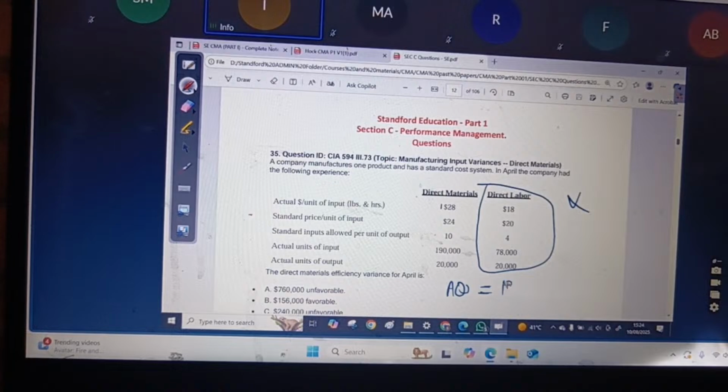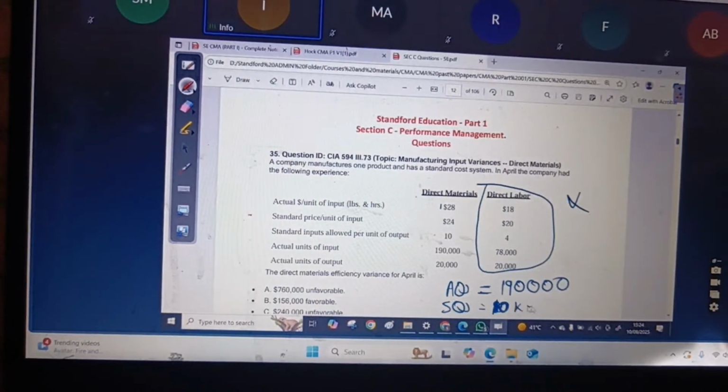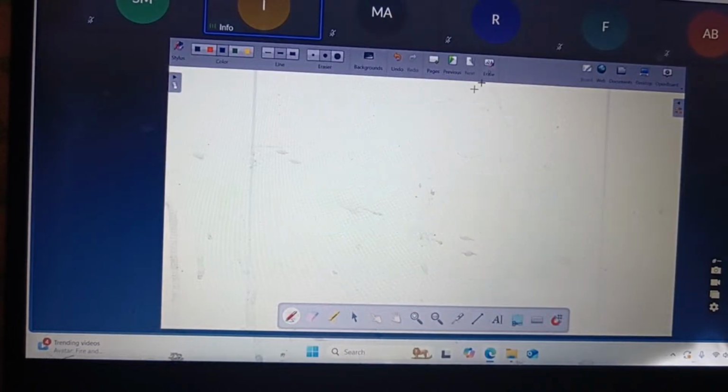Actual quantity of input is 1,90,000. Standard quantity is what? Standard input allowed for actual output, 2 lakh. Then what is the formula?